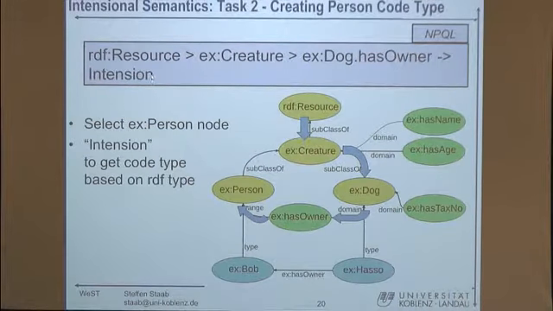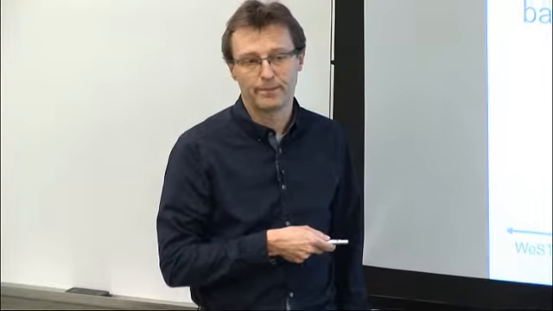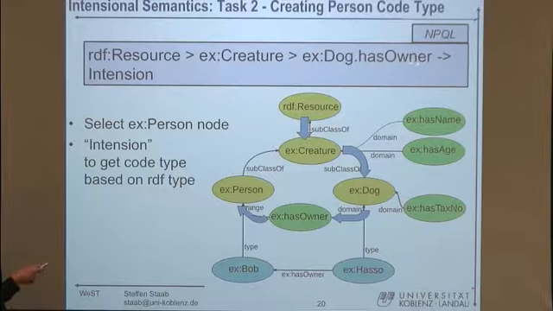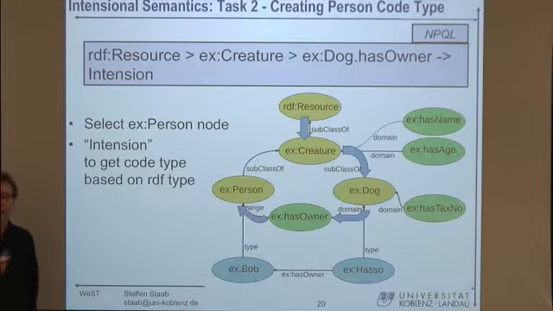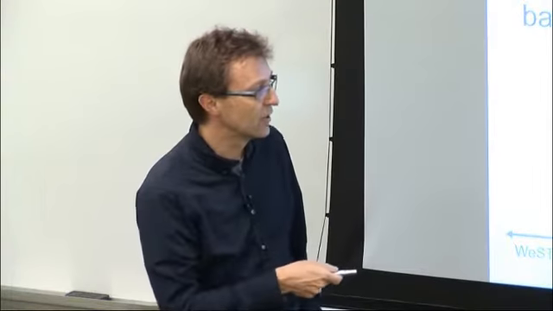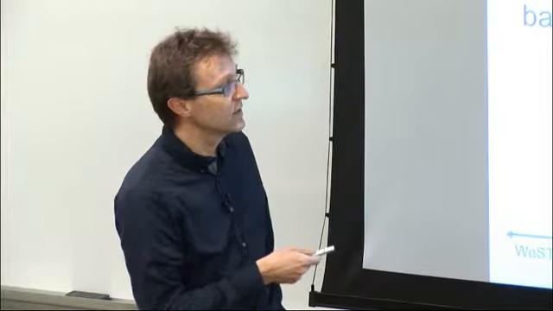But now if we ask for intention, that means we do not look for Bob, but we rather look for the intentional description of the people down here. So this expression now does not any longer refer to the instances like Bob, who are owners of dogs, but because we look at the intention, it looks at how we can describe the type of these instances. And obviously this type has all the attributes of person.